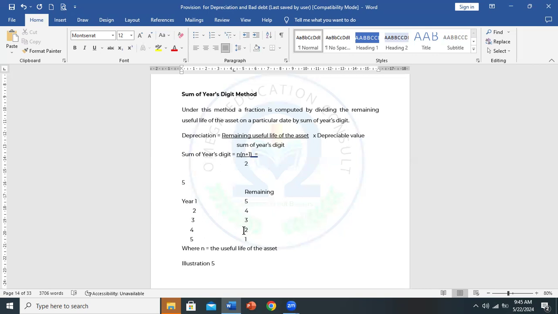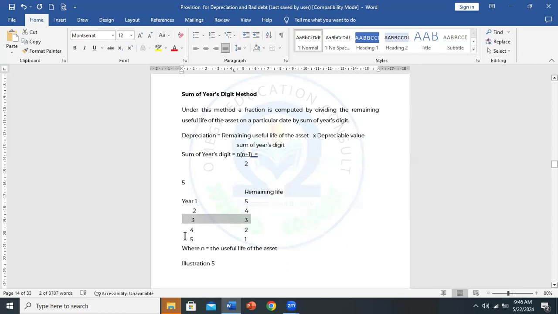So if you are given a question and you want to find the remaining life, just arrange the years from year 1 to the last year and then rearrange it in a descending order like I've done here. So 5 years, 1, 2, 3, 4, 5. The remaining life, you just turn it upside down. So if they ask you to find depreciation in the third year, you know that the remaining life is 3.